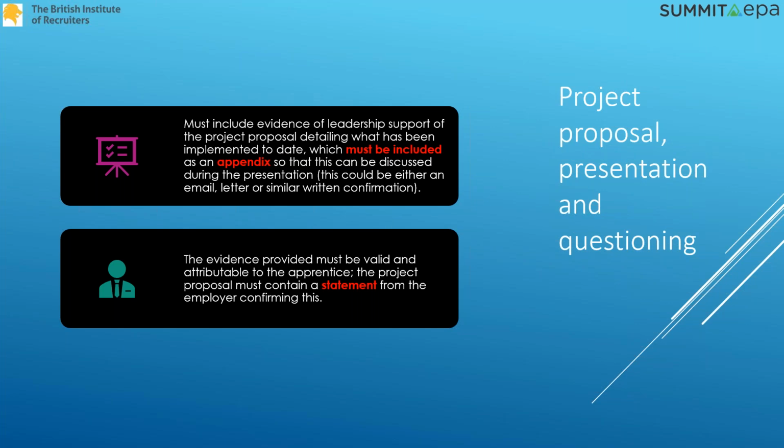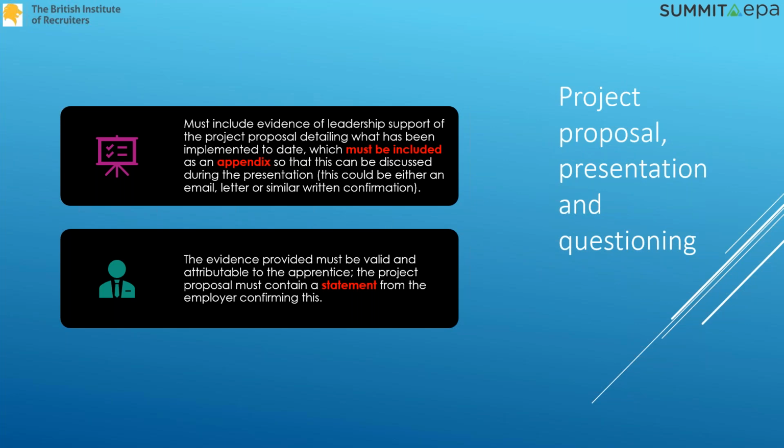The leadership support can come from their manager or their employer, but it's somebody in authority above them, and how they have supported them to implement, develop and start the project. It can either be an email from that person, a letter, or similar confirmation.